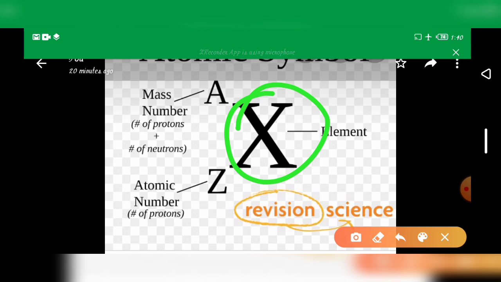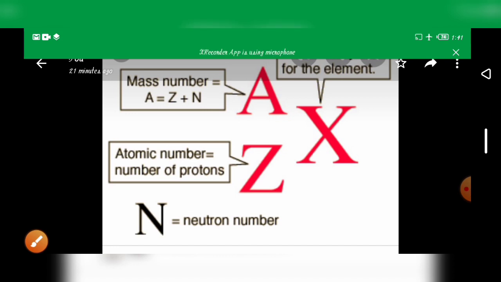Okay, how do you write it here? The mass number of the atom is written as a superscript of the element, and the atomic number is written as a subscript of the element. See here, many elements are given. You write it like this, N always. So the mass number is the number of protons plus neutrons, written as Z plus N. The atomic number, the number of protons, is written as Z here.